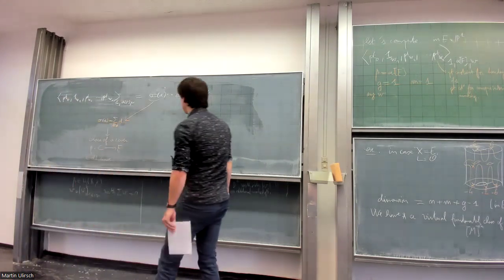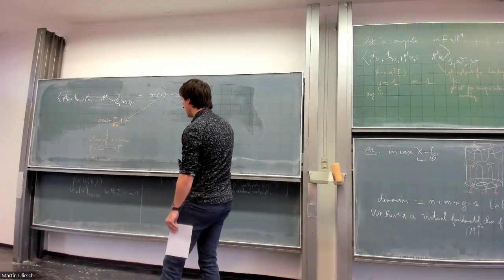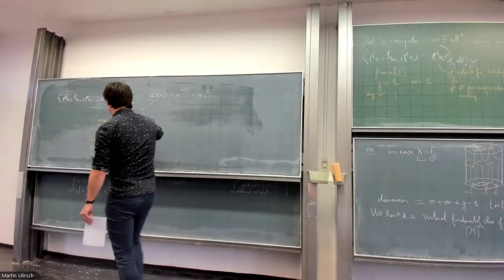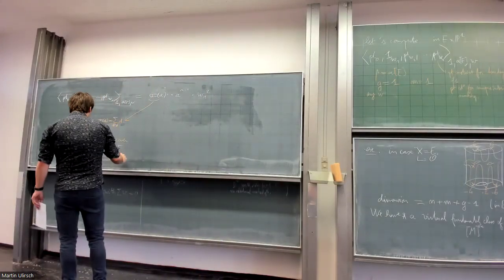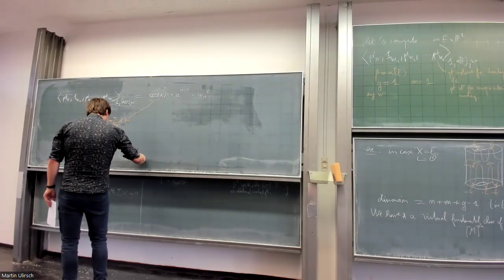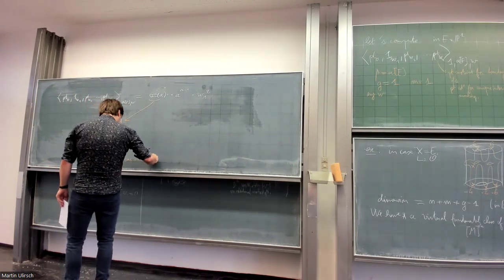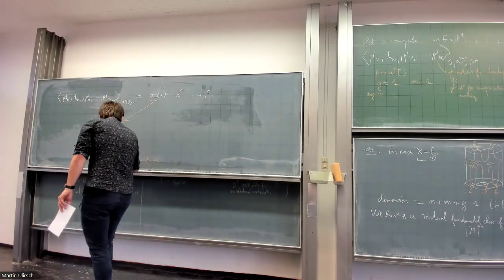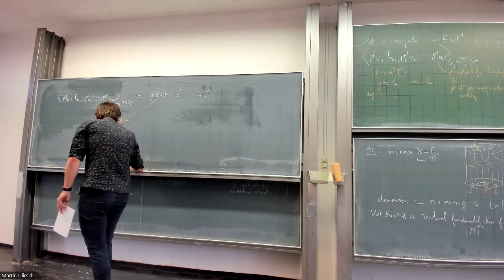Okay, sigma of A. And it becomes also a group homomorphism, if chosen a base point.